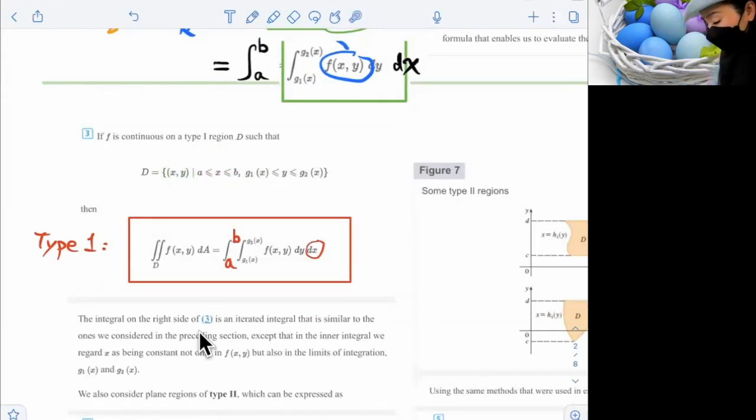And then the inner integral is integrate with respect to y, and you just need to think about the y here is bounded below by g1(x) and bounded above by g2(x). So you have two curves. This is g1(x), and the other one here is g2(x).